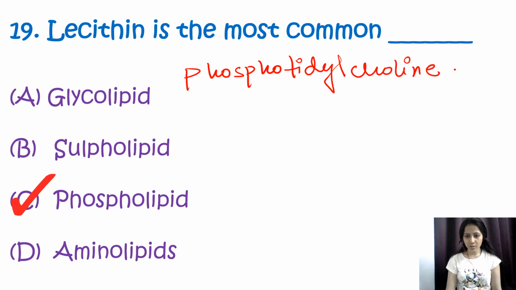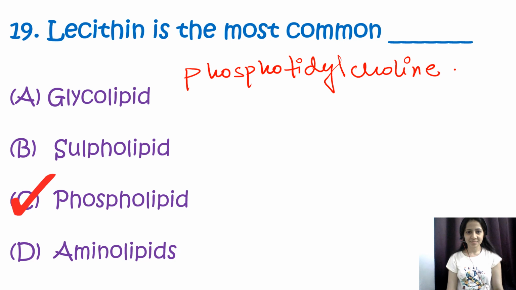Whereas what are glycolipids? Glycolipids are lipids with carbohydrates attached to them. Sulfolipids are lipids containing a sulfur group attached to them, and aminolipids are lipids in which an amino group is attached. So over here my correct option is C, that is phospholipids.